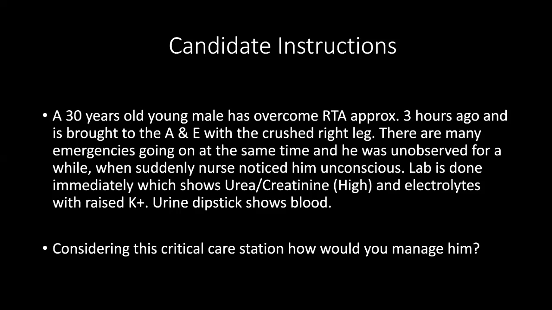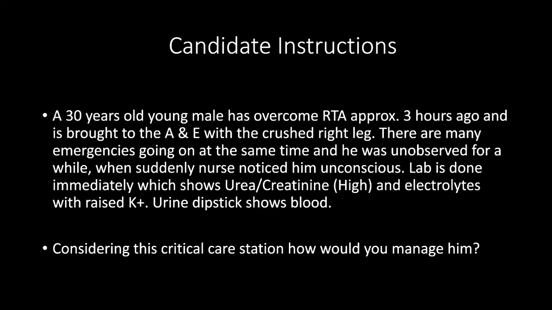Okay. Along with the electrolytes, renal functions are also deranged. How are you going to take care of those first? Yes, because renal failure in compartment syndrome occurs due to the secretion of myoglobin that causes cast formation in the renal tubules and causes tubular necrosis.